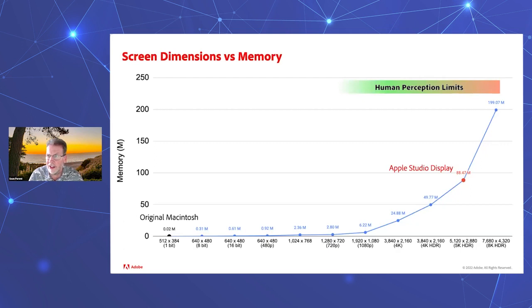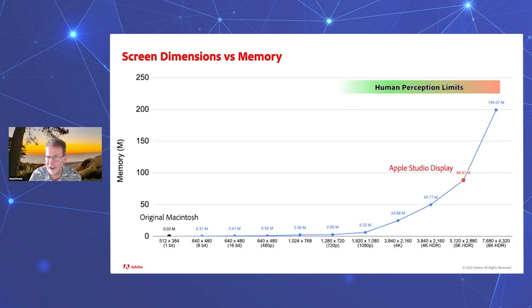Now, the interesting thing with displays is I don't think that this chart's going to keep going up forever. We are pushing the limits of human perception. In fact, my aging eyesight here, I have a very difficult time personally telling the difference between 720p video and 1080p video.